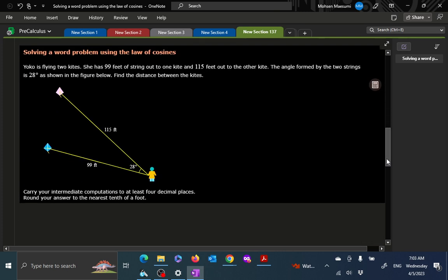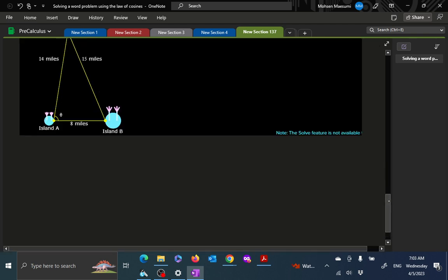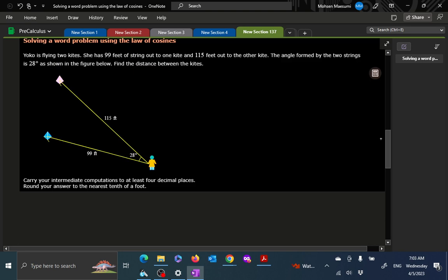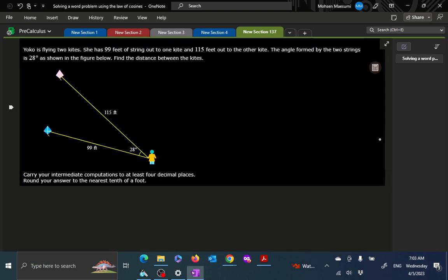This one says Yoko is flying two kites. She has 99 feet of string out to one kite and 115 feet to the other kite. She observes that the angle between the two strings is 28 degrees.